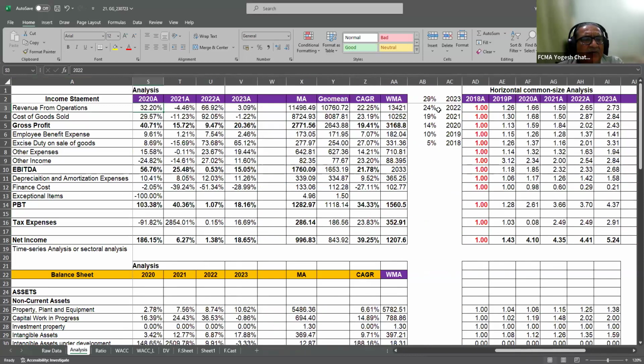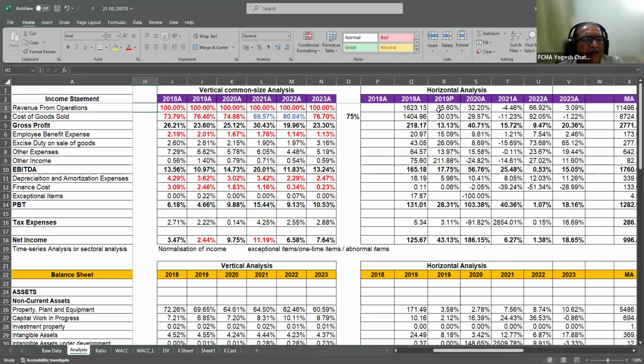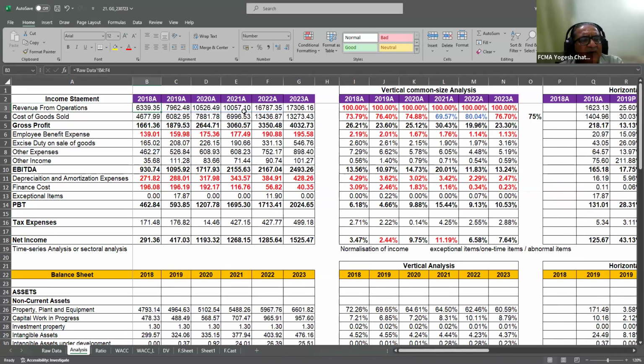If I take you through it, revenue from operations in 2018 was around 6,339 crore, and that has gone up to 7,962 crore in 2019.